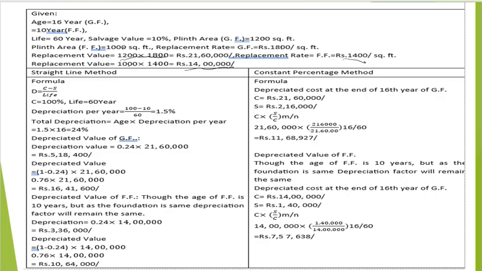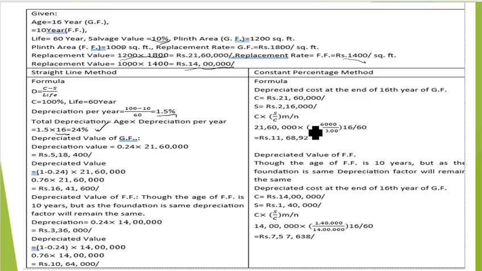So for the straight line method, first of all you find out the depreciation per year. For depreciation per year, you put 100%, life is 60 years, and salvage value is 10%. Here it is 100 minus 10 upon 60, 1.5%. Age of the ground floor is 16, so depreciation will be 24%.